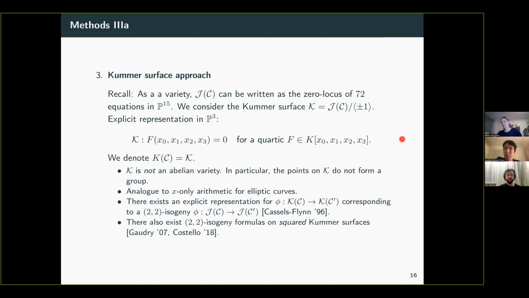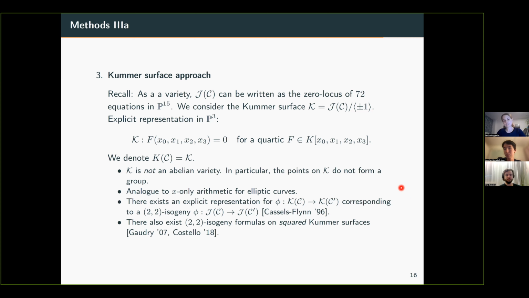So the Kummer surface is not an abelian variety anymore. But on the other hand, some traces of the group structure will remain if we take such a quotient. And the situation is very similar to looking at X-only arithmetic for elliptic curves, where by restricting to the x-axis, one can make the arithmetic faster.